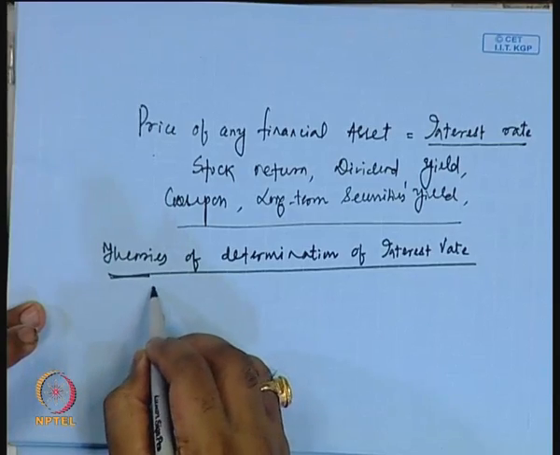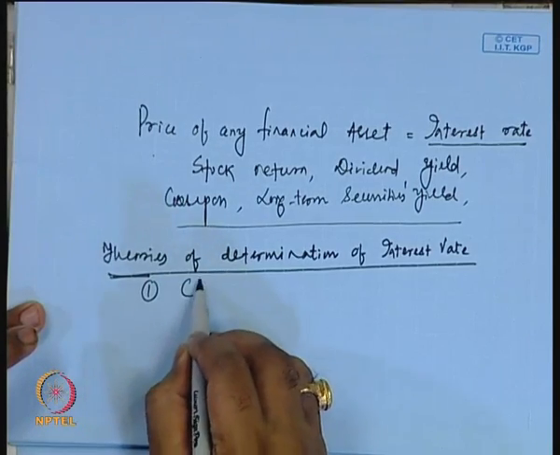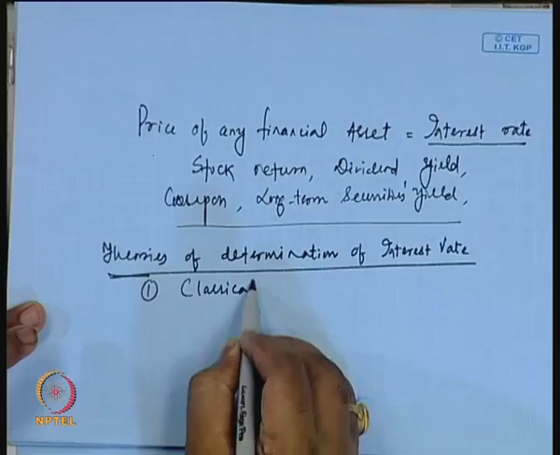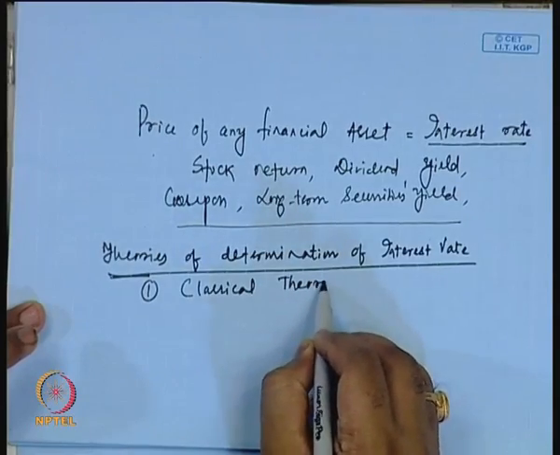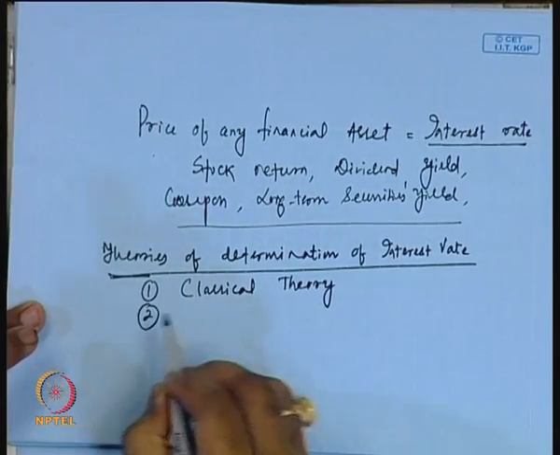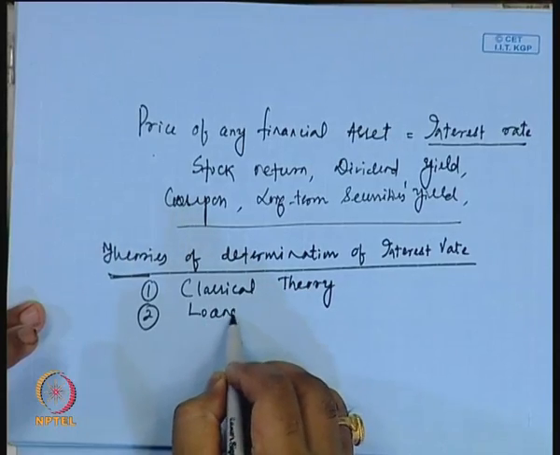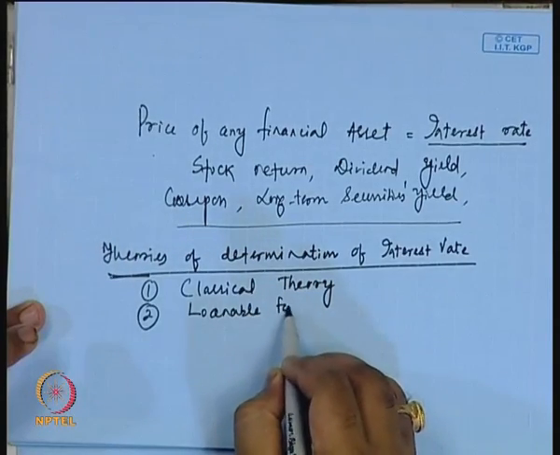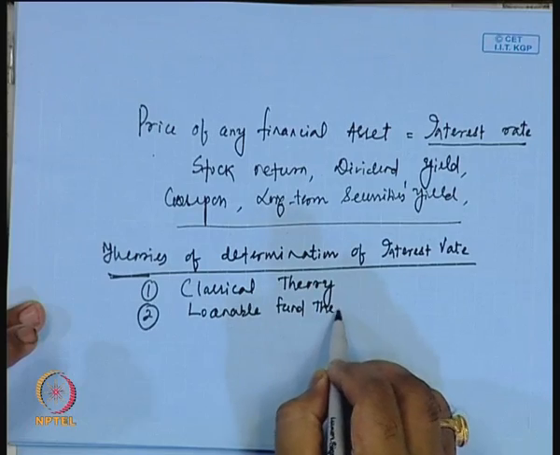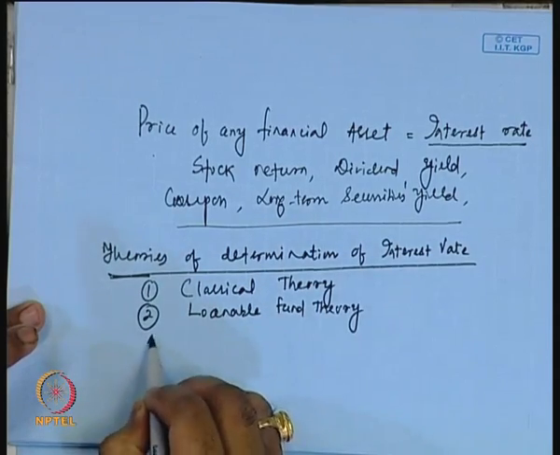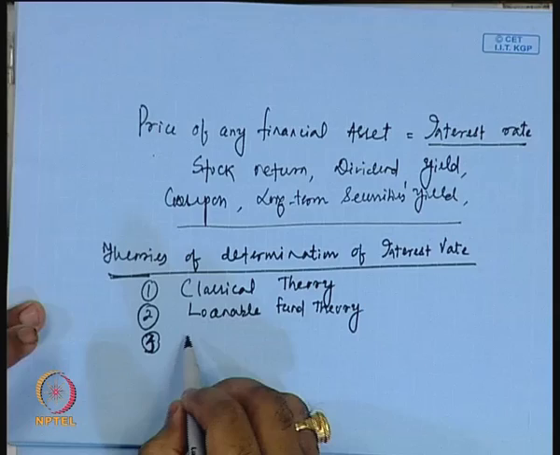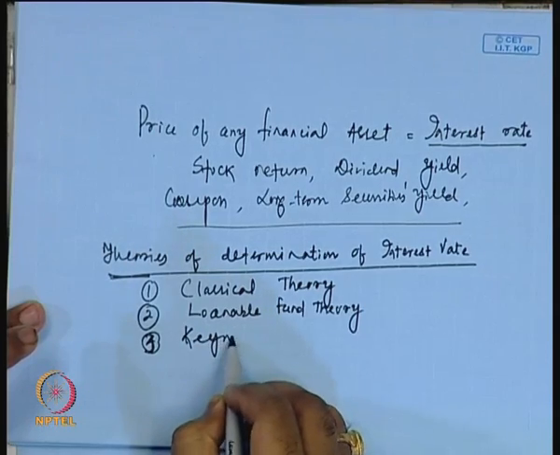So, the first theory which we always have in mind is the classical theory. Then we have another theory, we call it the Loanable Fund theory. Then we have the Keynesian theory.